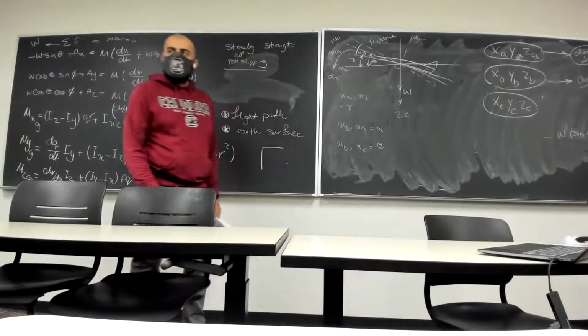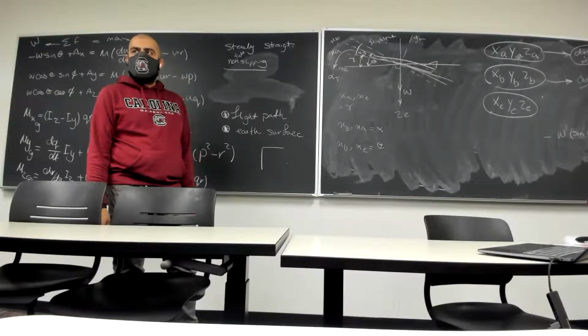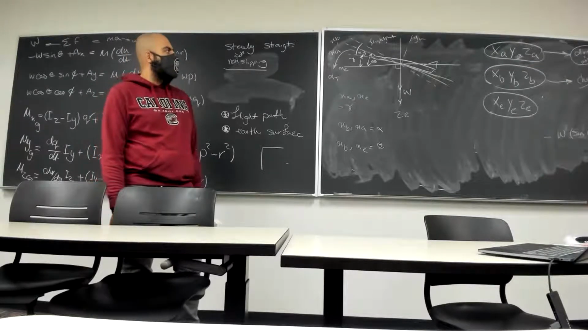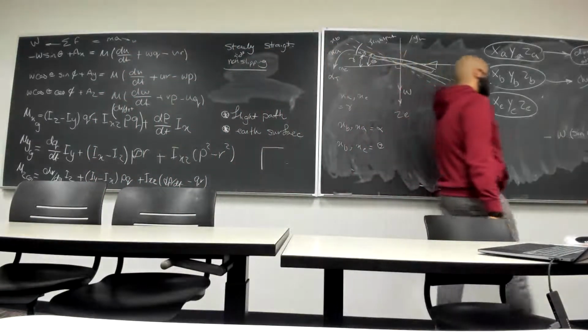Repeat that. Well, the angle from XA to XE is gamma. Gamma, that's correct. Okay, so then sine gamma plus pi over 2.